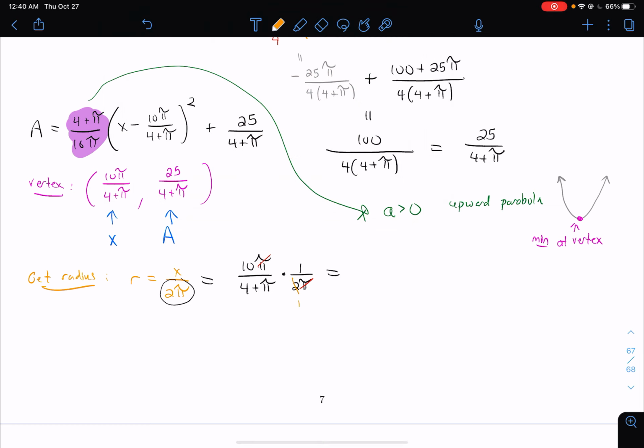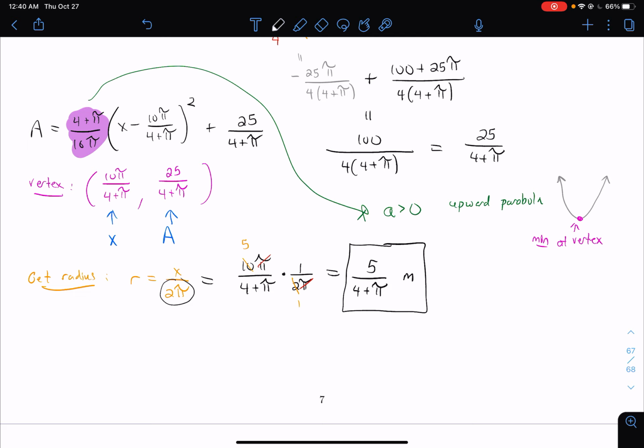That leaves me with a 1 here and a 5 up here. So on the numerator I end up with 5, and on the denominator I get 4 plus pi. So this is my radius, r. I just have to make sure I put units, and the units of length in this problem were meters. This is the radius of the circle that would give me a minimum combined area.